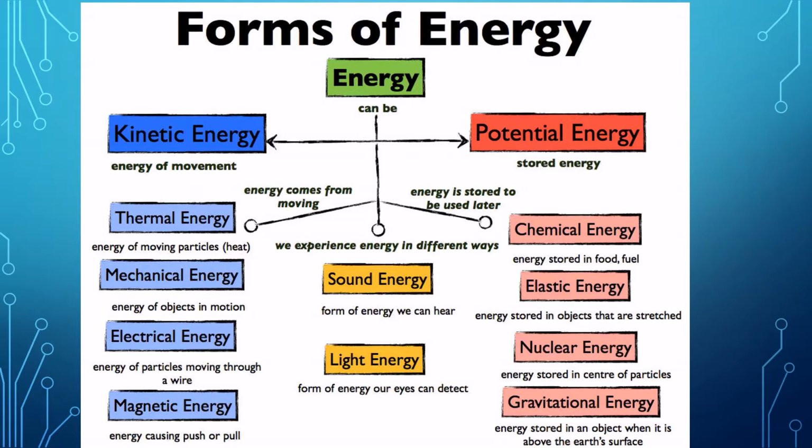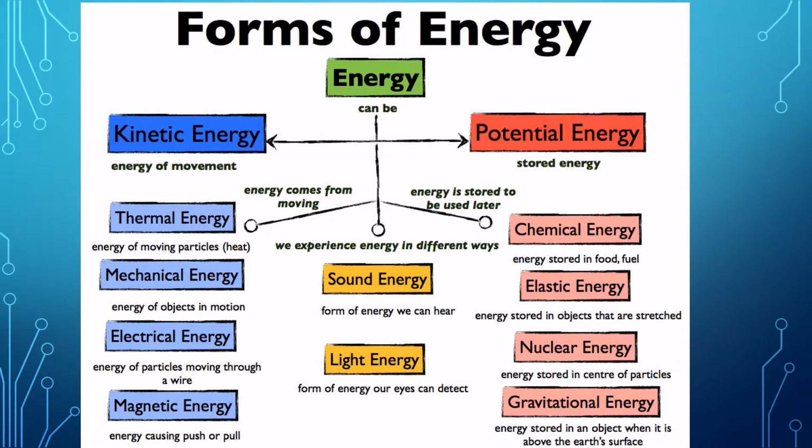This is the energy stored in the center of the particles. The center of the particles is what we call the nucleus. That is why it's called nuclear energy. Another form of potential energy is the gravitational potential energy. This is the energy stored in an object when it is above the Earth's surface.